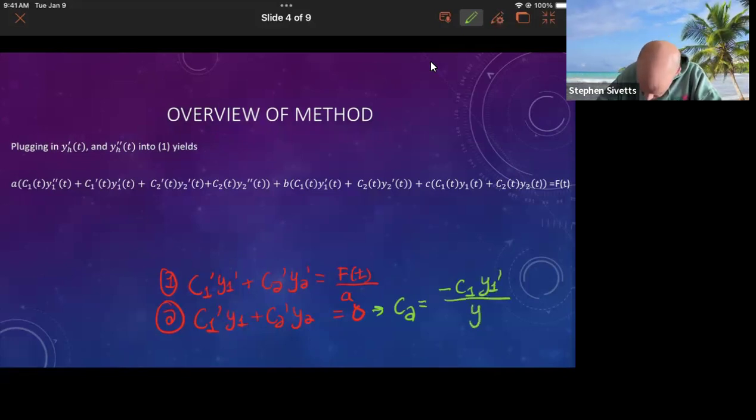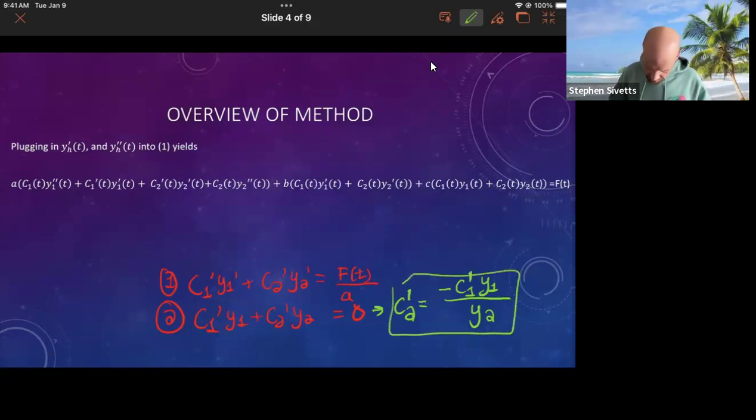Oh, I'm sorry, I gotta be careful. The prime goes here: Y1 over Y2. So C2 prime is minus C1 prime times Y1 over Y2. So we know that.